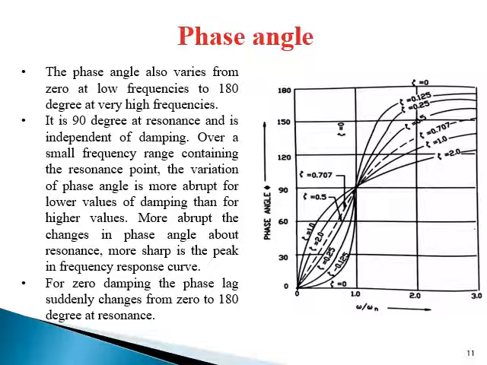At 90 degrees, omega equals omega n, and it is the condition of resonance, as we have already discussed. It is 90 degrees at resonance and is independent of damping. Over a small frequency range containing the resonance point, the variation of phase angle is more abrupt for lower values of damping than for higher values.